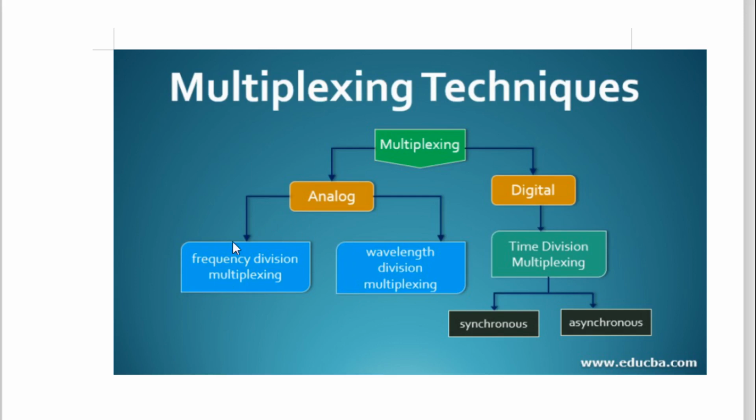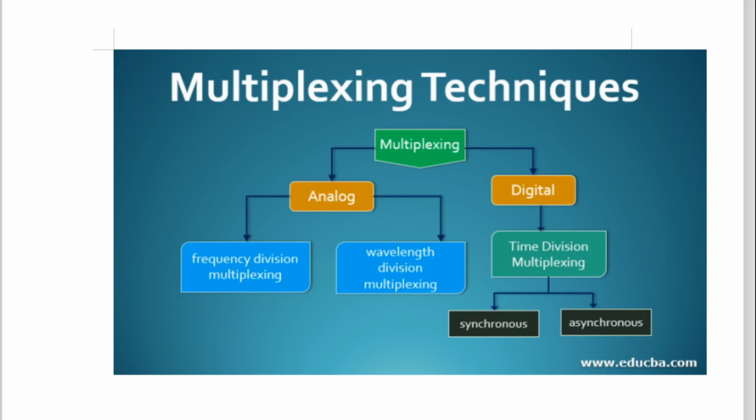We are going to study frequency division multiplexing. In digital multiplexing, time division multiplexing is there, which is further classified as synchronous time division multiplexing and asynchronous time division multiplexing. Asynchronous is also called statistical time division multiplexing.